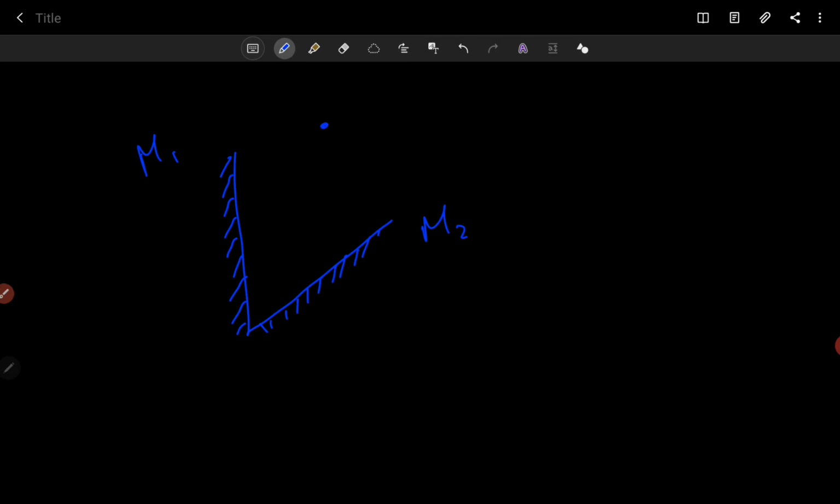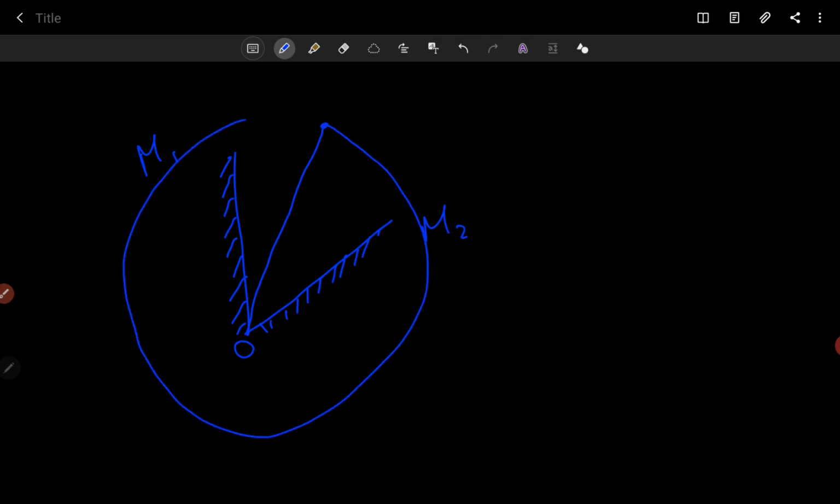Then the object and the images created by these mirrors will lie on the circumference of a circle whose radius is equal to the distance from the point of intersection. This will act as the center of the circle, and from here we can draw one circle such that the images will lie anywhere on the circumference of the circle.